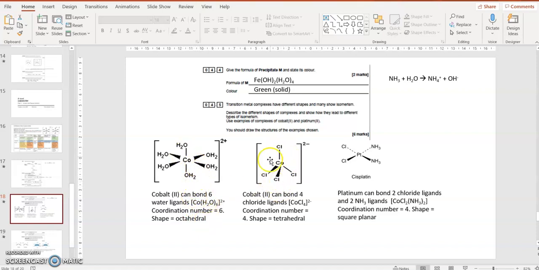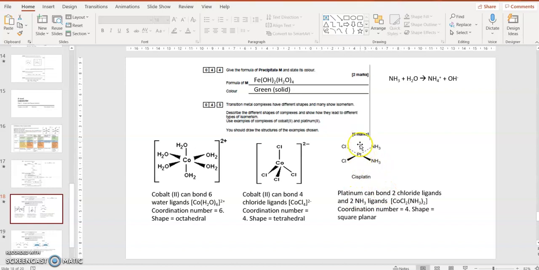Or you could have 4 Cl- around it, that would be tetrahedral. If it's Co2+, cobalt 2+, 4 Cl- leaves 2- left over, a nice tetrahedral shape. Coordination number now 4 with 4 coordinate bonds around it, bond angle 109.5.